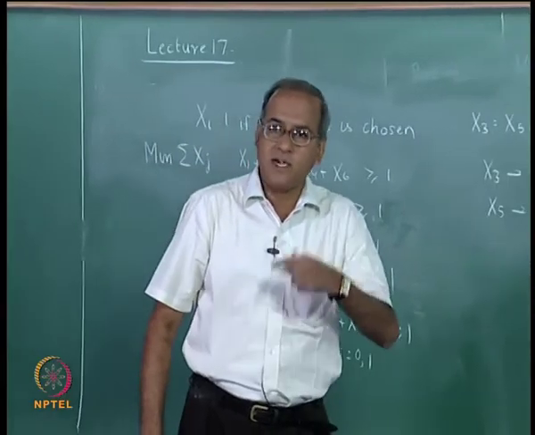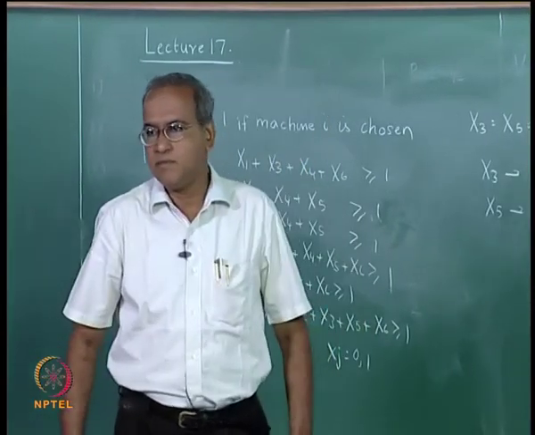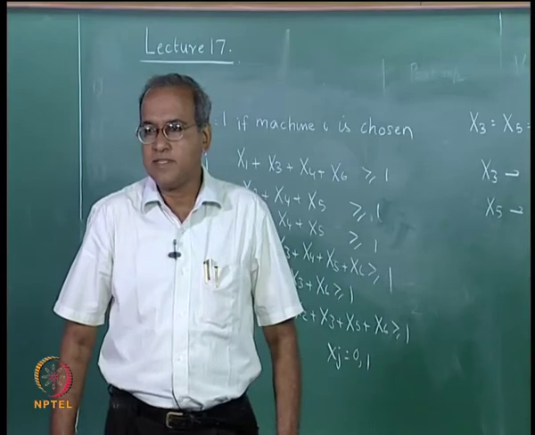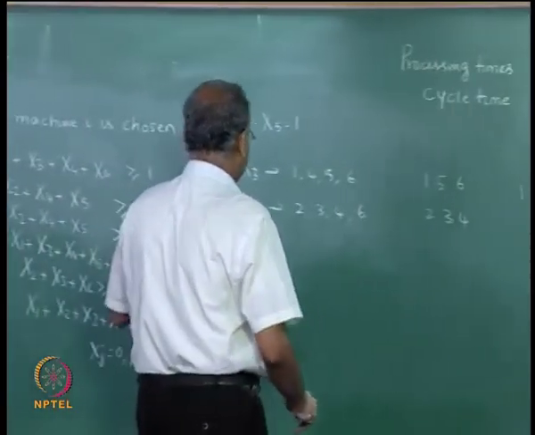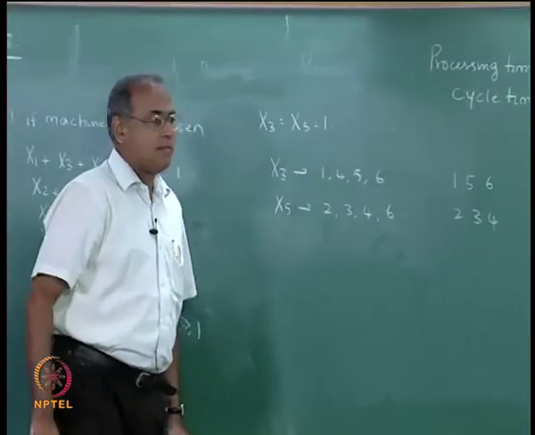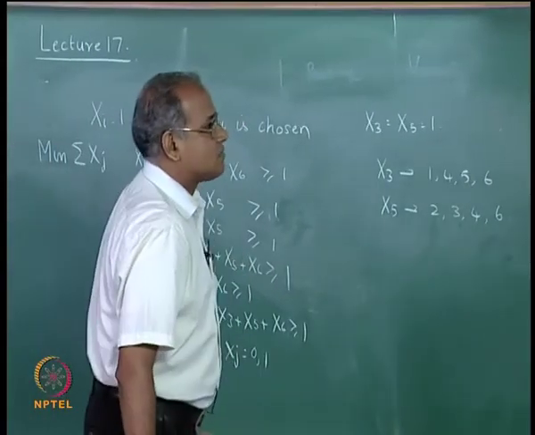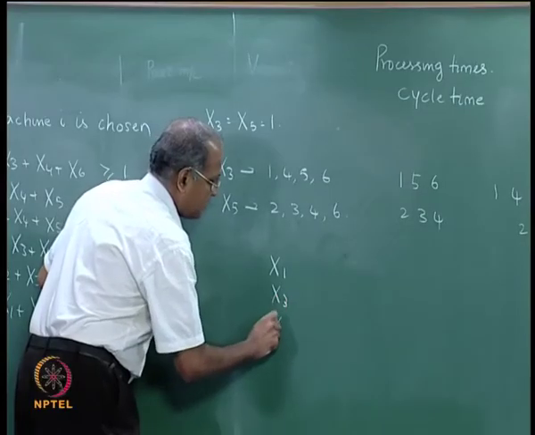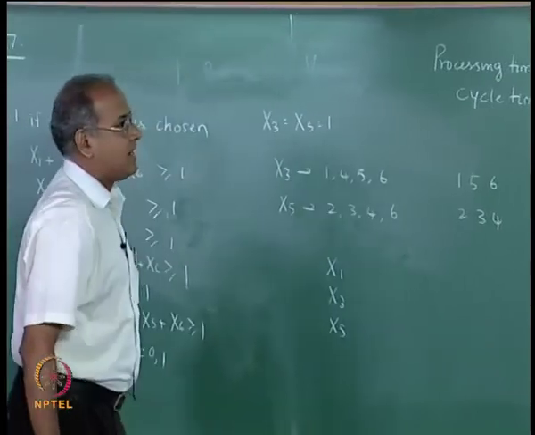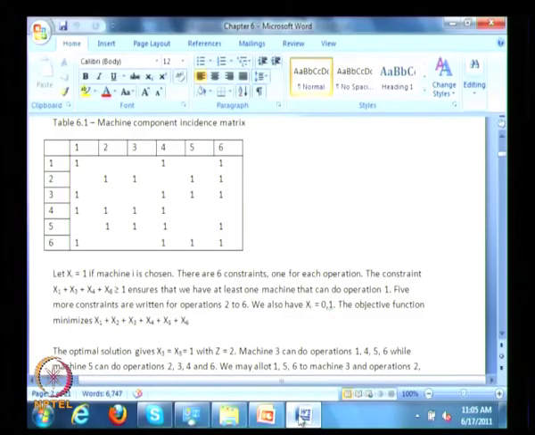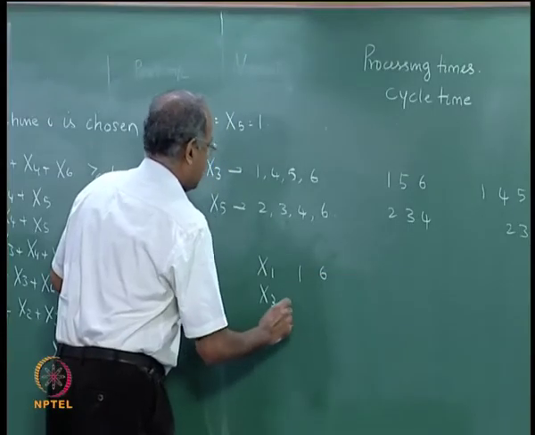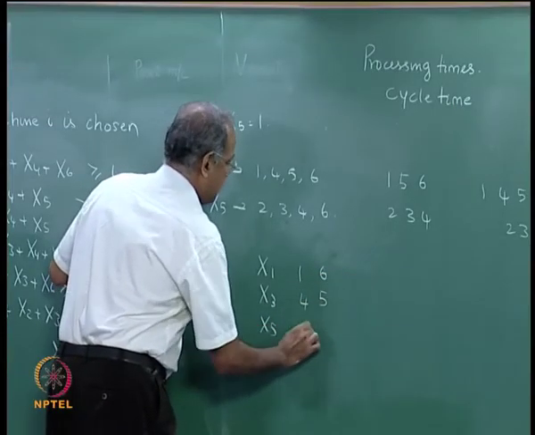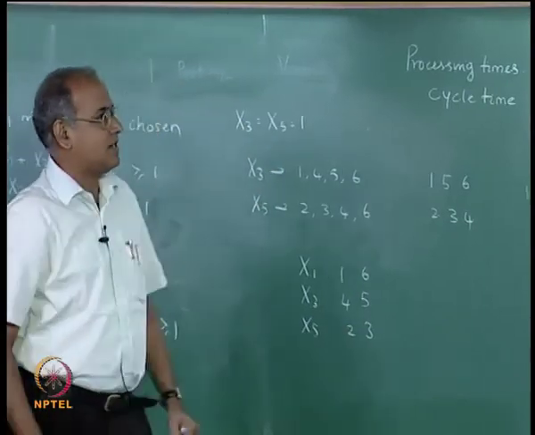Now, suppose we want a cycle time of 2, then we should look at, instead of x3 and x5, maybe x1, x3 and x5, where x1 can do 1 and 6, x3 can do 4 and 5, and x5 can do 2 and 3.